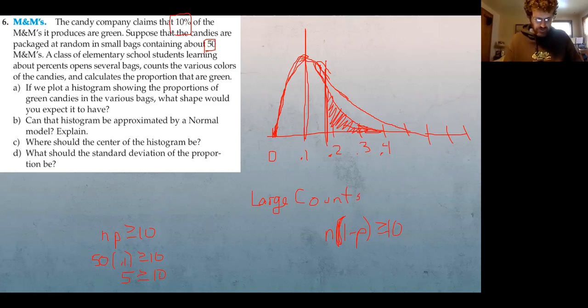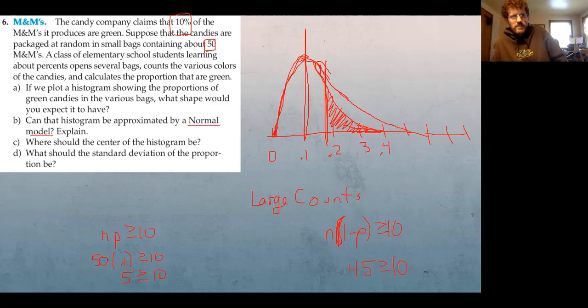Of course, this is going to be the complement to that, so it's going to be 45. So that one is easily met. But we didn't meet the large counts. So could we use a normal model here? Not really.